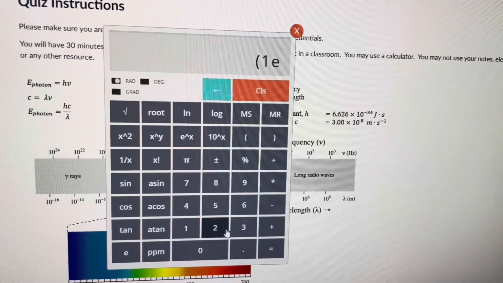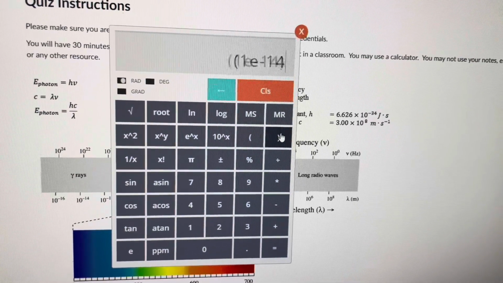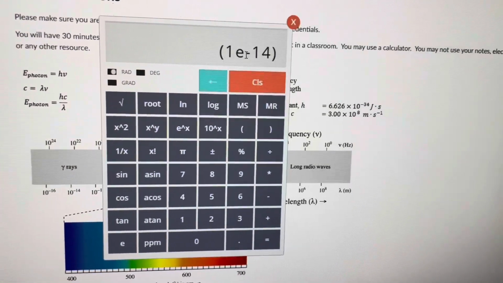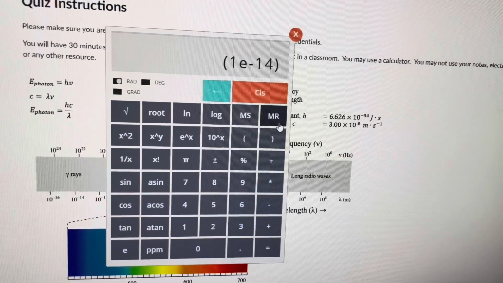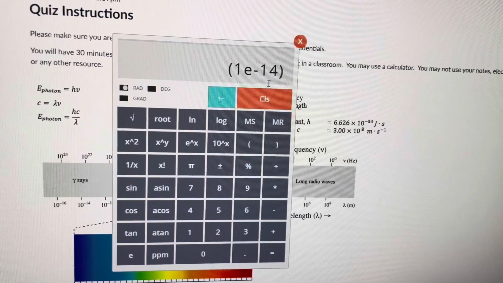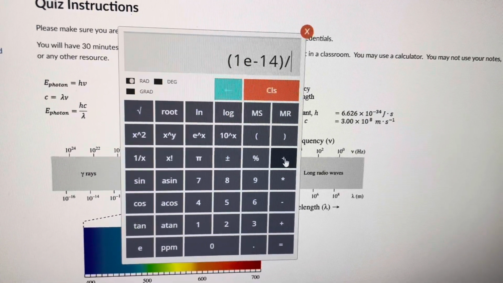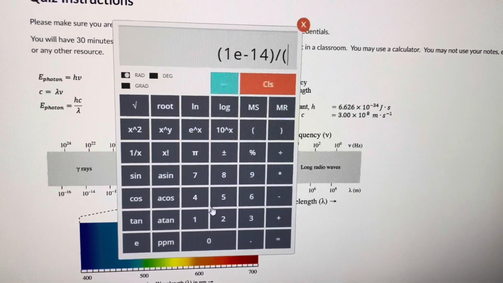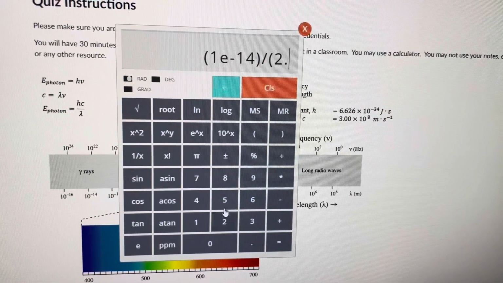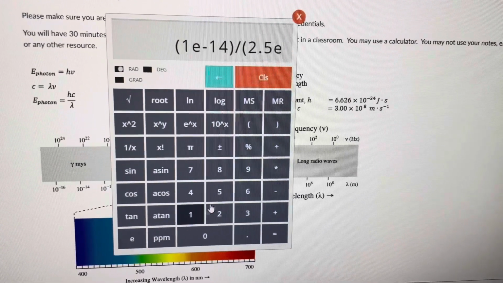I'm going to type 1E negative 14. I don't have to do times 10 to the or anything. That E is my times 10, and then this negative 14 is the exponent. So that is how I put a number in scientific notation into this calculator. Then I'm going to divide by 2.5E negative 5.